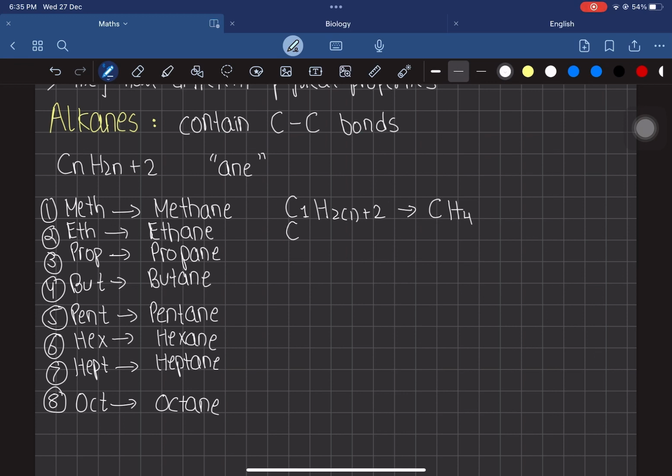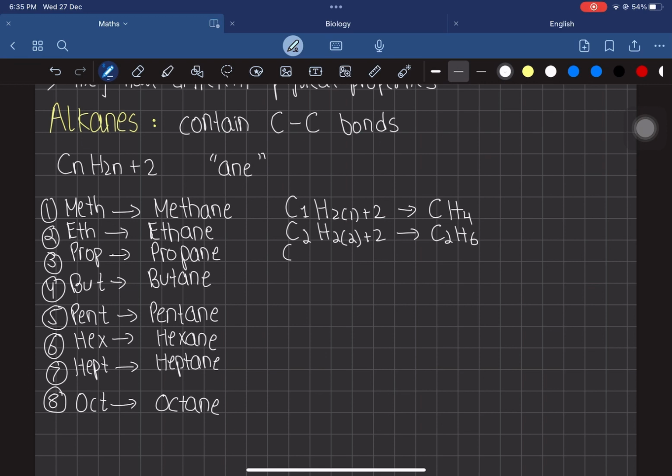The same for ethane. So we will plug in C2 H, and in case of n we will just plug in 2 and then add 2, so it will become C2 H, 4 plus 2, 6.